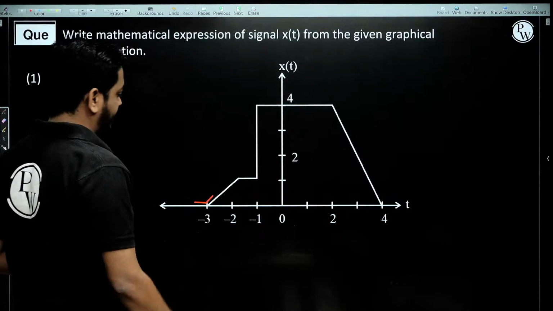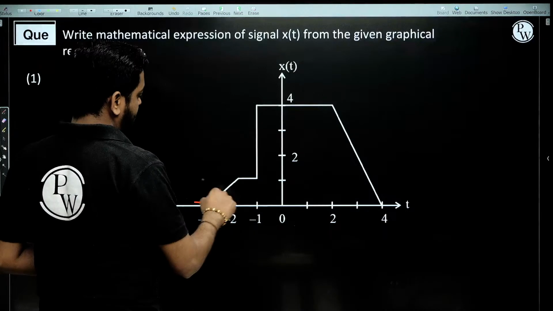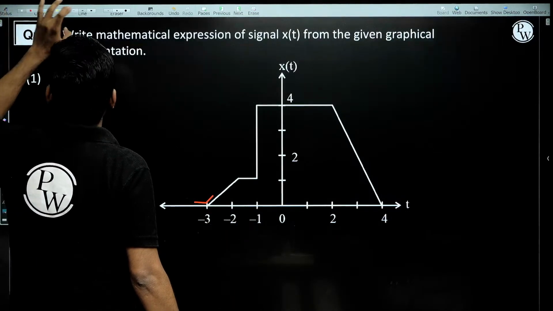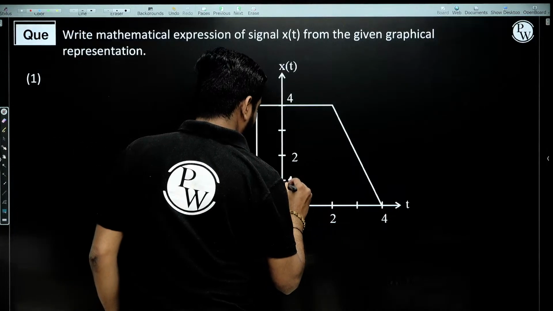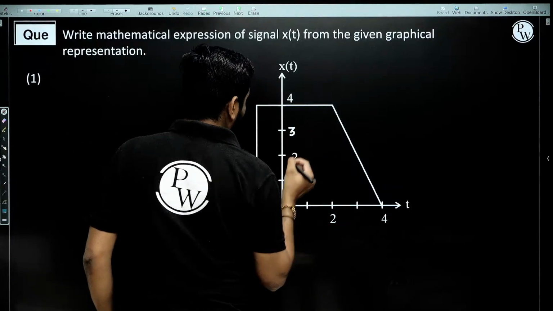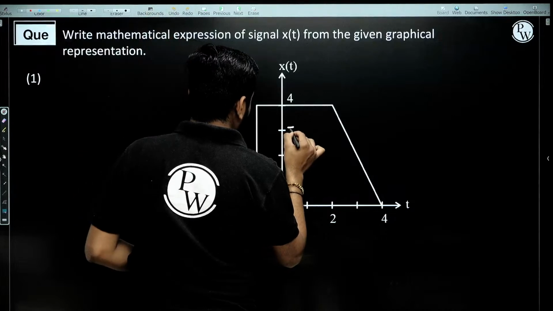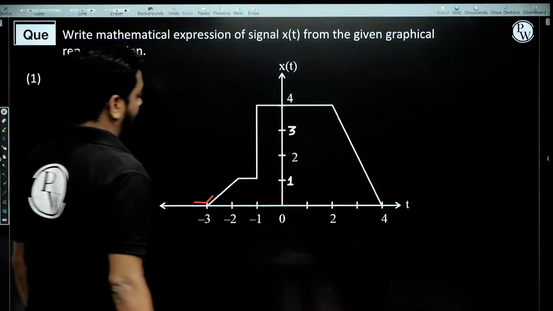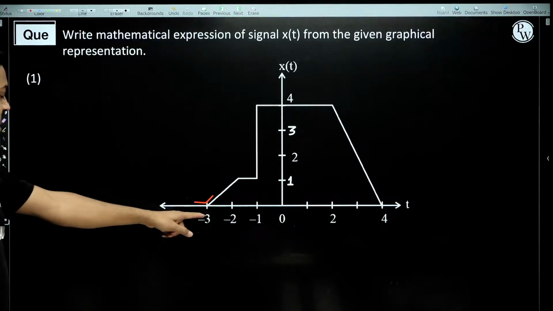At t equal to 2, check. Only linear change or only sudden change? Check once.